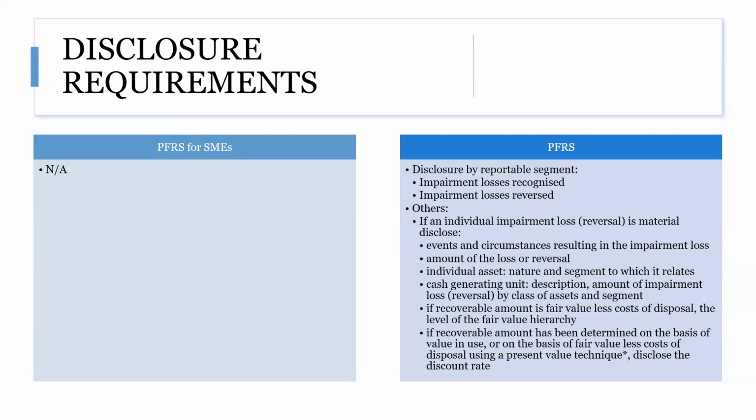The recoverable amount is fair value less cost of disposal, level of the fair value hierarchy, and if recoverable amount has been determined on the basis of value in use or on the basis of fair value less cost of disposal using a present value.